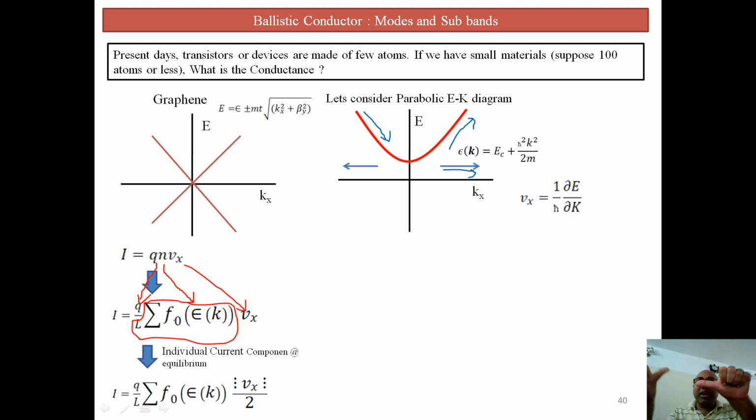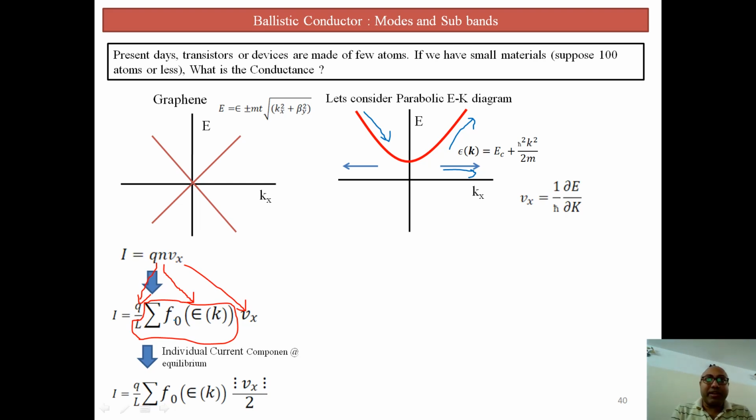Now, during equilibrium, what happens? The number of electrons crossing from this side to this side, and the number of electrons coming from this side to this side, is actually a little bit different. If you subtract the contribution of each component from the other, you will get the net current, right?